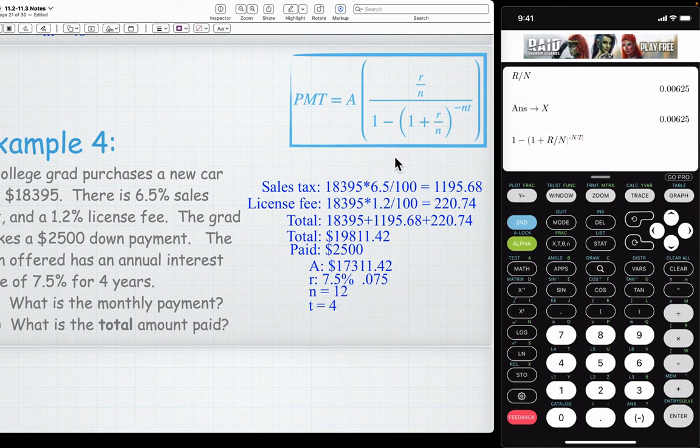I think that's good. So I'll hit enter, and I'll store that as the bottom. I used X for the top, so maybe I'll store that as Y.